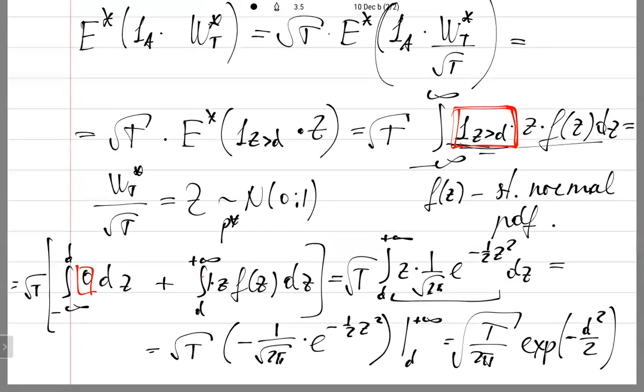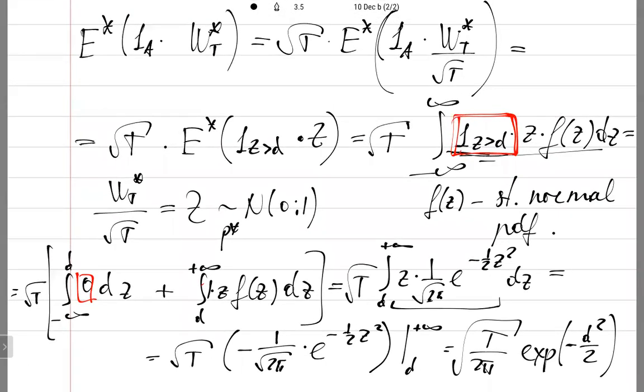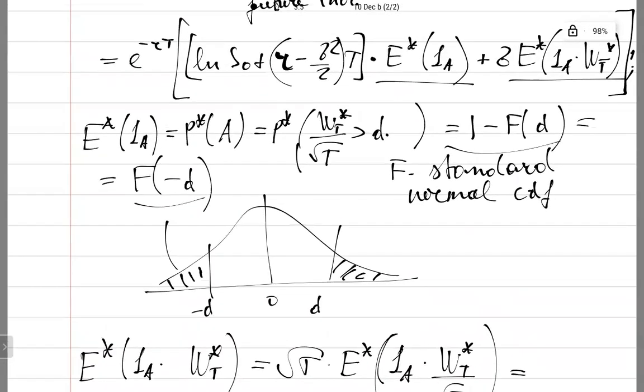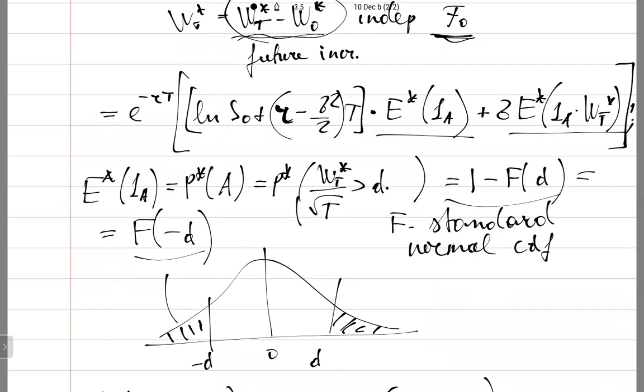And finally, we just collect every term we have found in a big expression. This is expected value of indicator times W, square root of T over 2 pi times exponent minus d squared over 2. Expected value of indicator is just F of minus d.